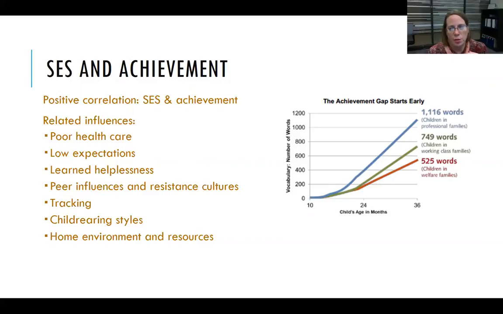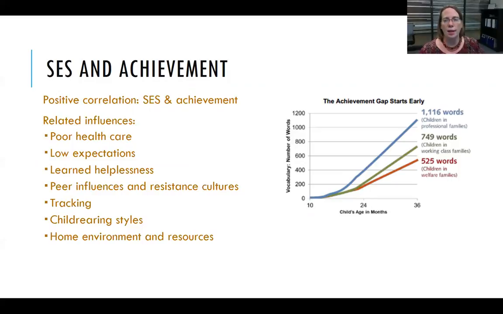Learned helplessness. So what happens, and we can think about this in terms of generativity versus stagnation from Erikson. What can happen is somebody with very low income may feel completely unempowered within their life.